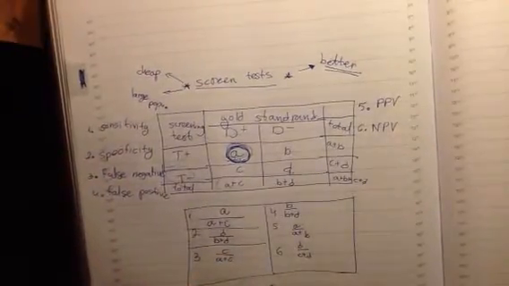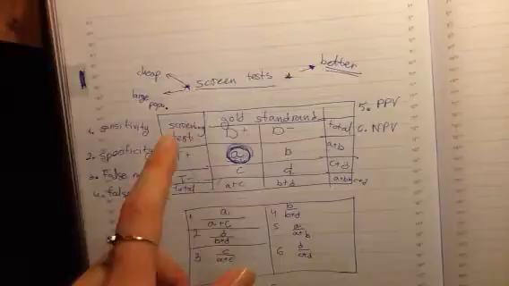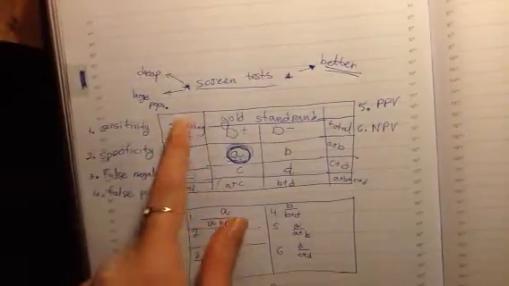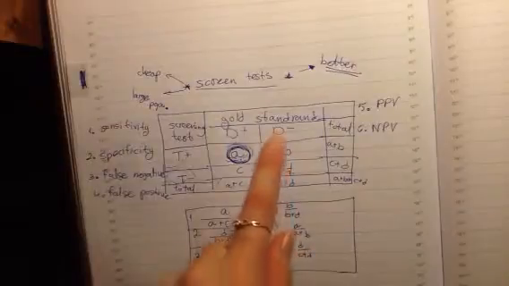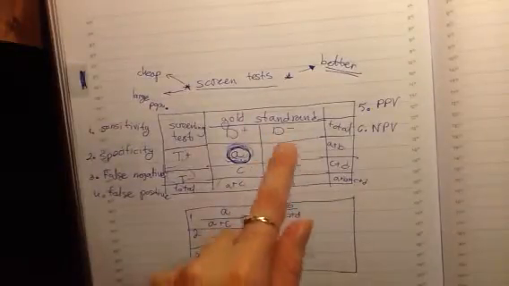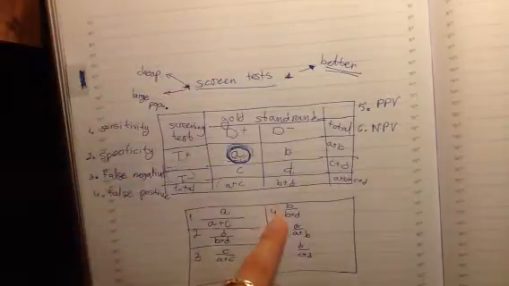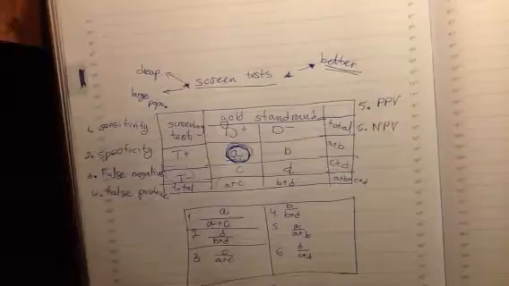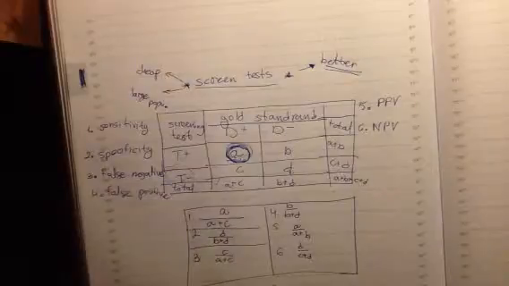False positive is a very good thing, I think, for patients. It's better to be a false positive. It means I detected them as positive in the screening test, but actually in the gold standard they are negative. So it's B. And I divide by the people that are negative. So B divided by B plus D. And here are 5 and 6. 5 is positive predictive value.